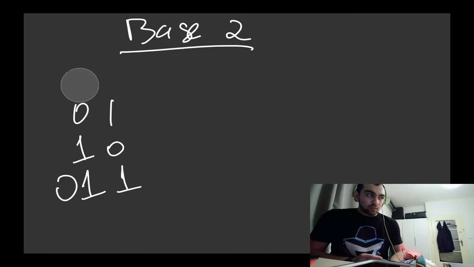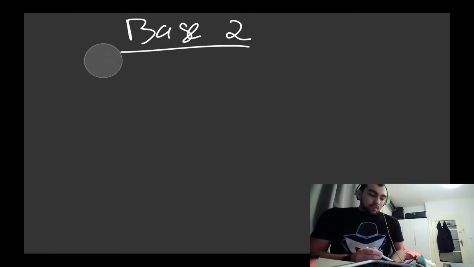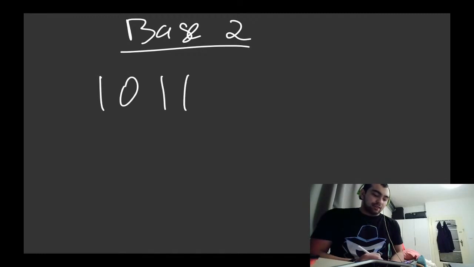What really is important here is to realize that we have different bases for different purposes. They're pretty useful, and it's important to understand what they are. So again, if we have 1011, this is actually going to be 11 in decimal. But how do we prove this? Well, we start with our base to the power of 0, to the power of 1, to the power of 2, to the power of 3, and now we perform the multiplication and add it.